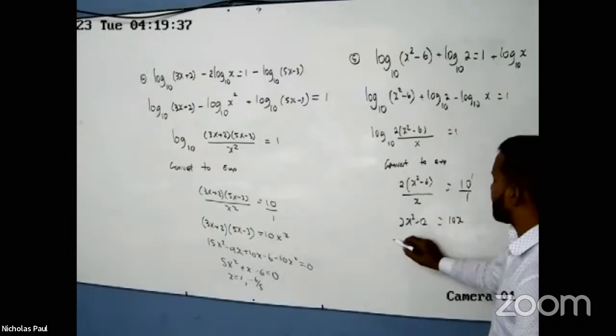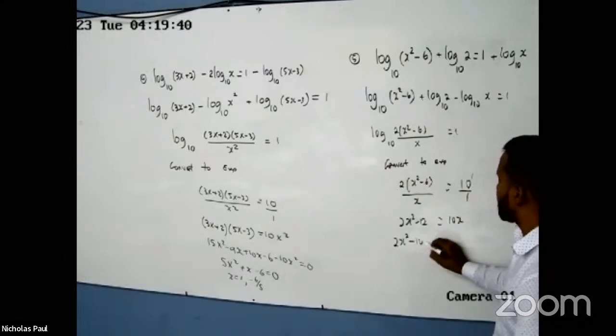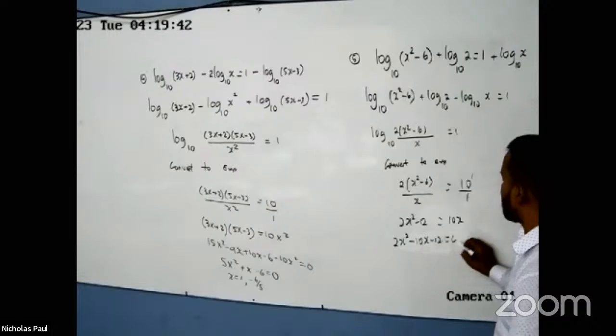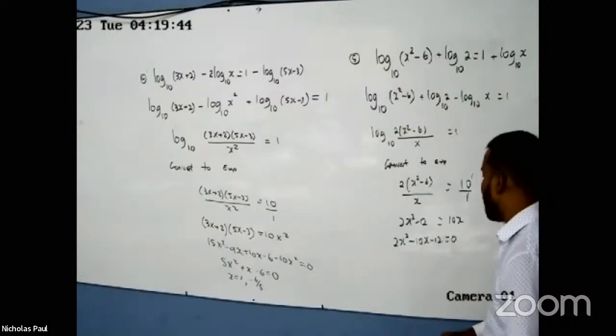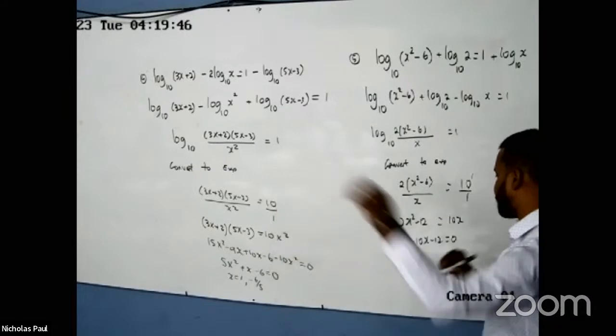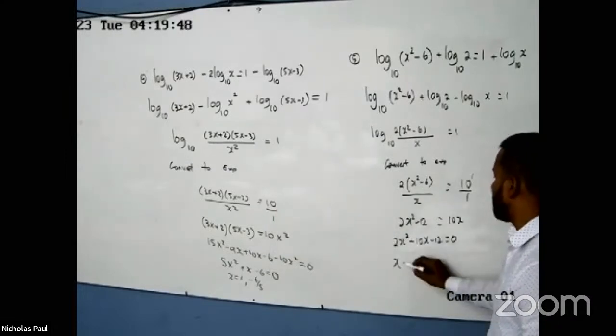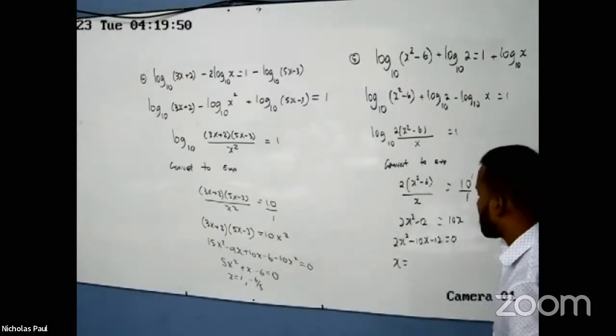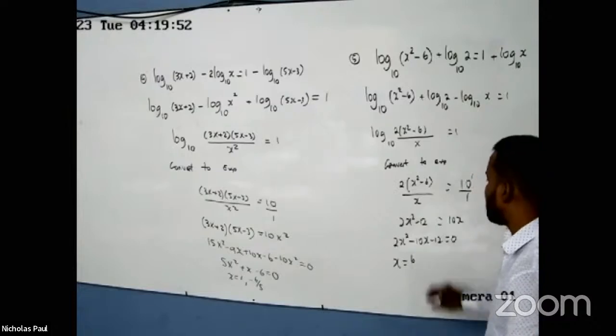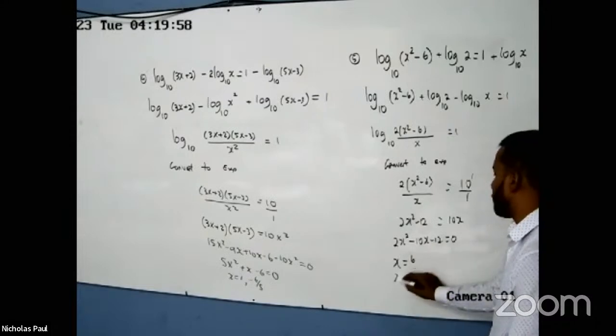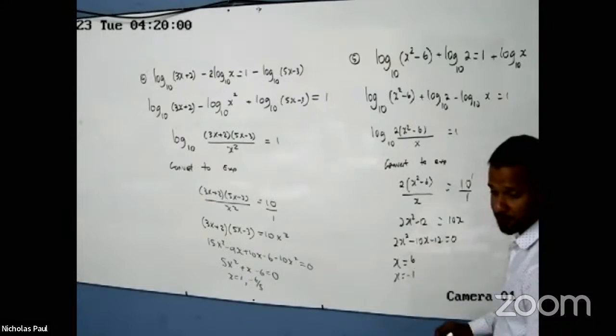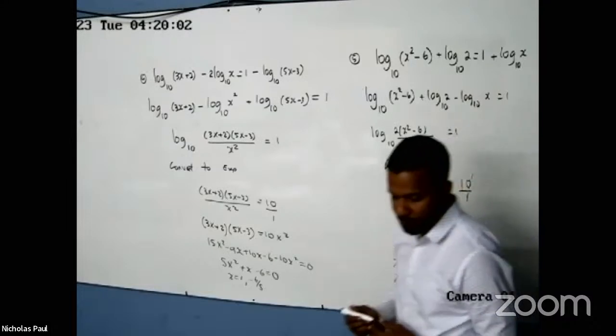Bring all the x's on one side: 2x squared minus 10x minus 12 is 0. When you solve, you got x is what? 6 and -1. That's it. Next type.